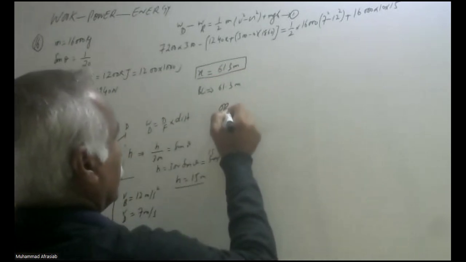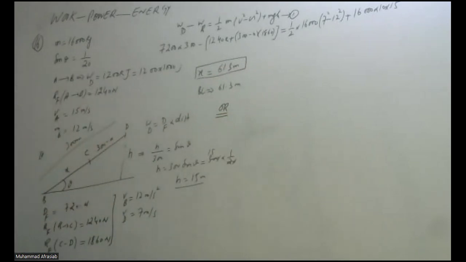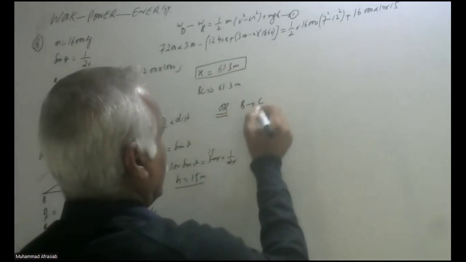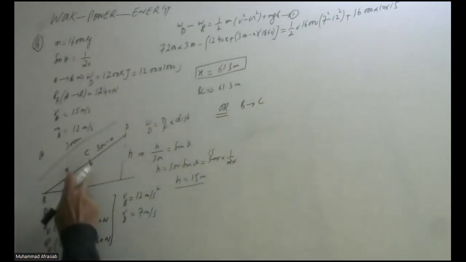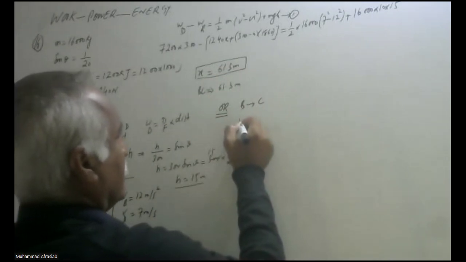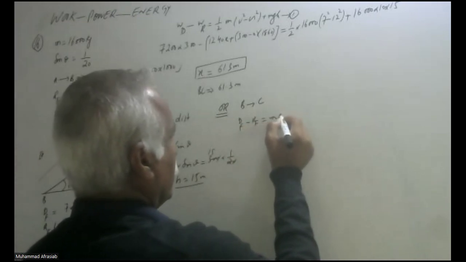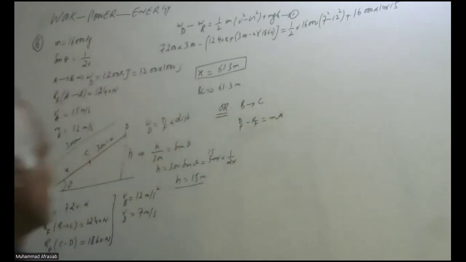So we can use another method for the same question, where we will use the concept of velocities. From B to C, we don't know the velocity at the C position, and we can calculate it with the help of this formula: driving force minus the resistive force is equal to net force.